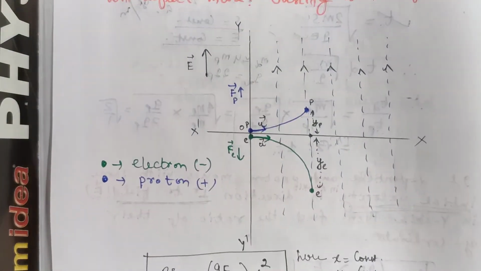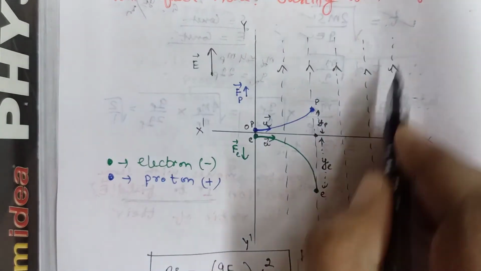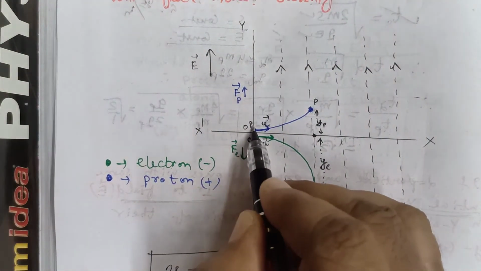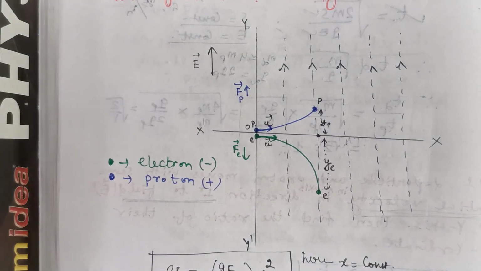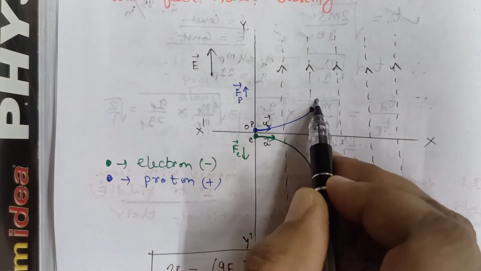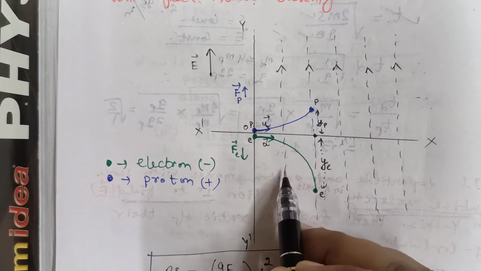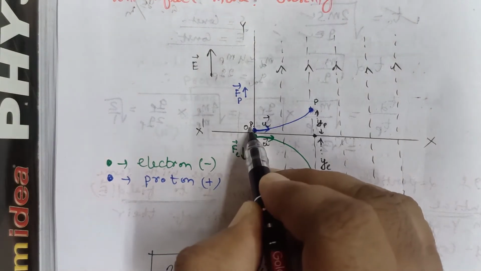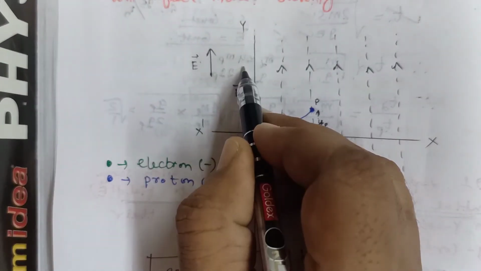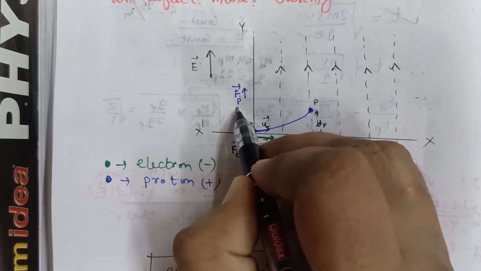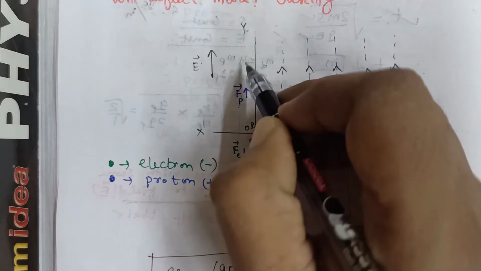First see the diagram. The electric field is along the y-axis. Both proton and electron move along the positive x-axis. The proton will deflect upward, the electron will deflect downward. Why? Proton is a positive charge, so the force acts on it along the direction of the electric field. That means Fp, the force acting on the proton, is along positive y-axis.